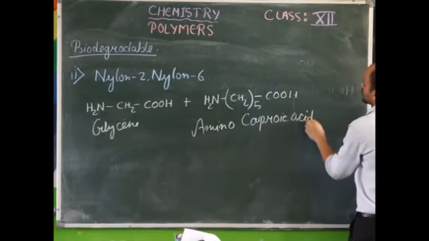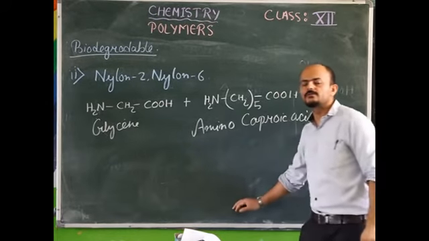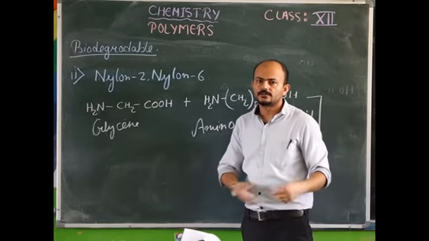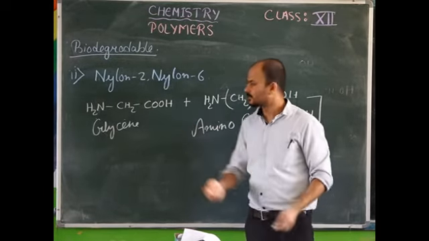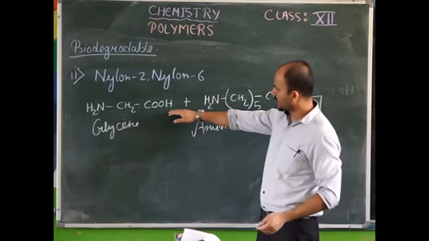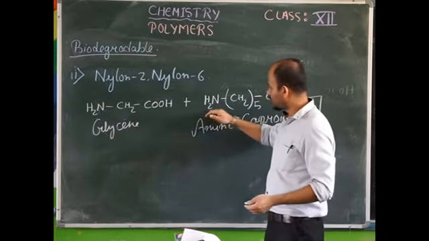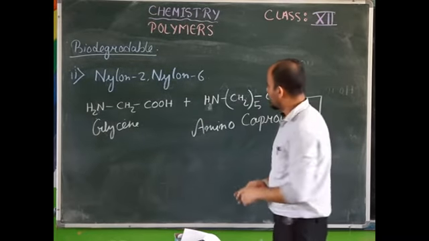If you remember the monomeric units, the polymeric form you can easily write. You just have to eliminate a small molecule like water. By looking at it, you can say what will be eliminated: the OH group from here and a hydrogen from here. So again, a molecule of water will be eliminated.